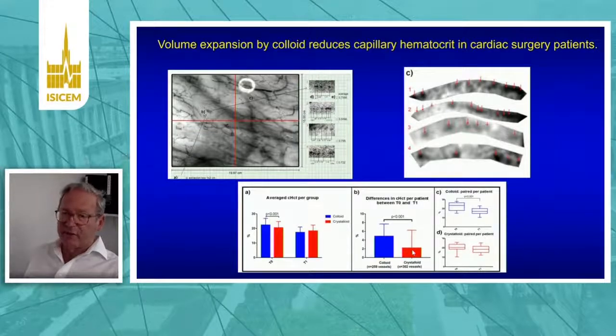Ironically, this reduction in hemoglobin is considered a negative effect of colloids. However, it is the precise purpose of that.